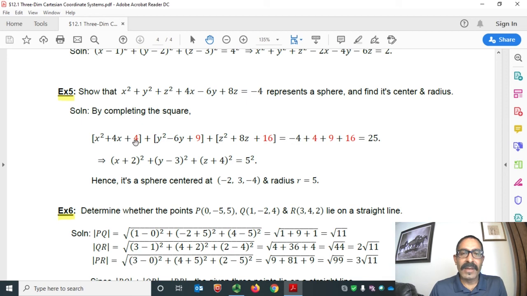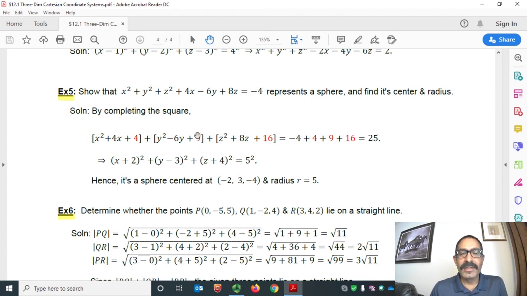And in this first blank, to make this a perfect square of some binomial, divide the coefficient of x by 2. So 4 divided by 2 is 2, squared is 4, and add this number on the other side also. So we add 4 this side.